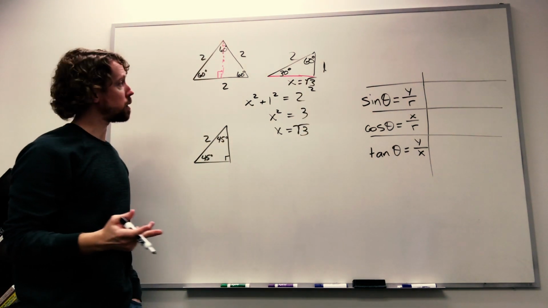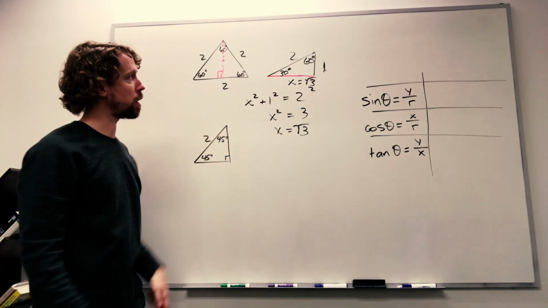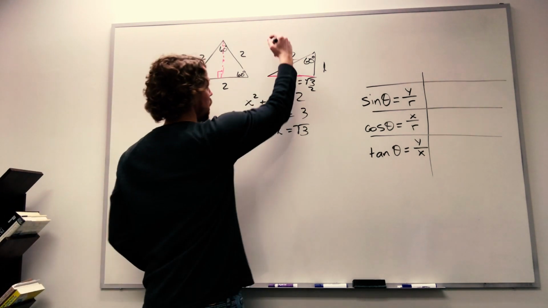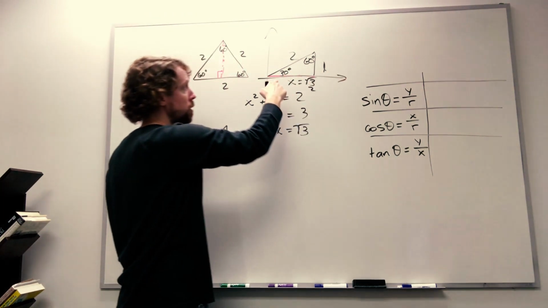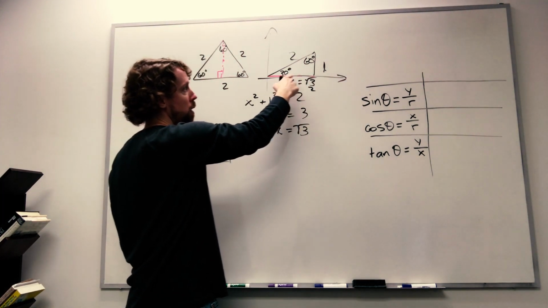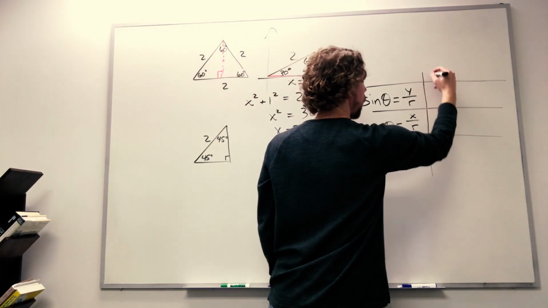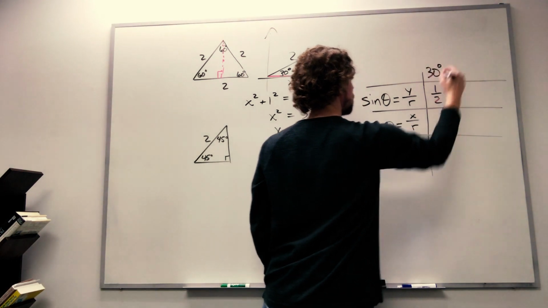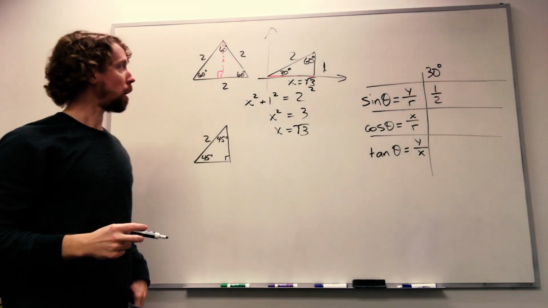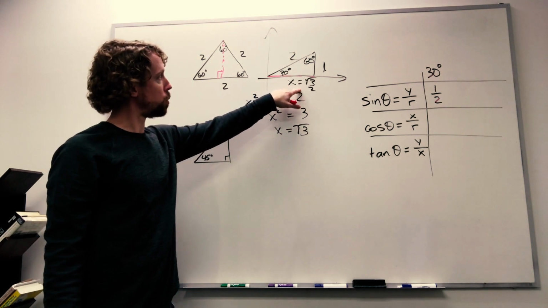Once I know that, then sine of 30 degrees, if I think about this triangle on an xy plane, will be y over r, so 1 over 2. And cosine of 30 degrees will be x over r, which is root 3 over 2.